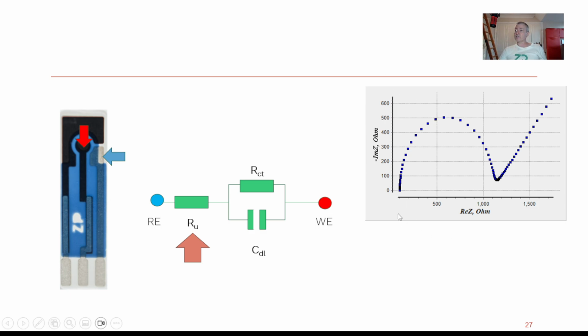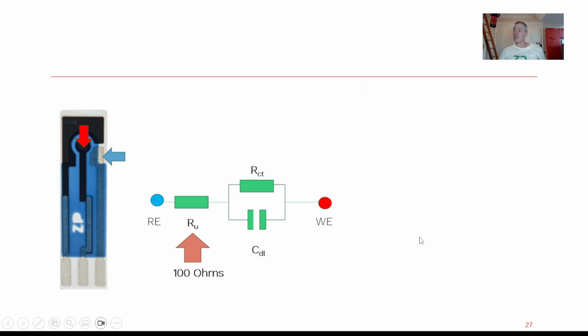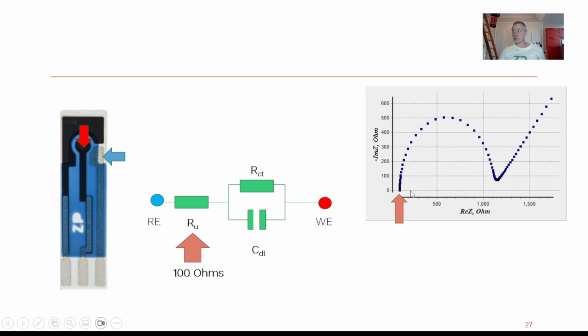But here I've done a simulation of a circuit that defines the working electrode, and if my resistance here is, let's say, 100 ohms, I could have actually measured that, because this is the Nyquist plot, and where this crosses the x-axis here, that is 100 ohms.